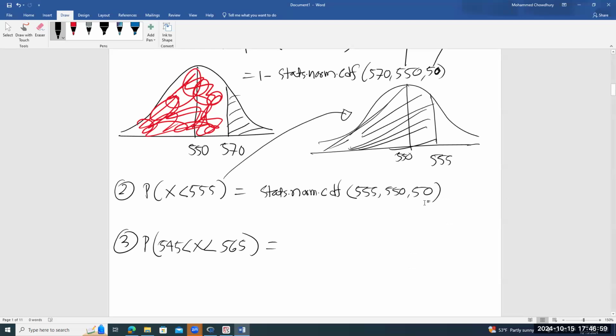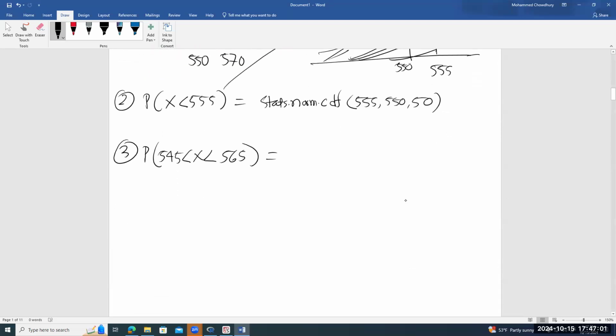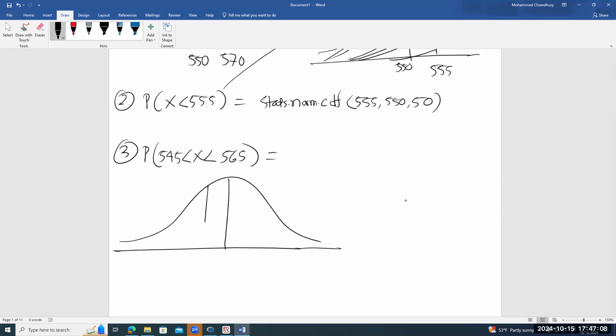For this one, the figure is this. 545. This is 565.